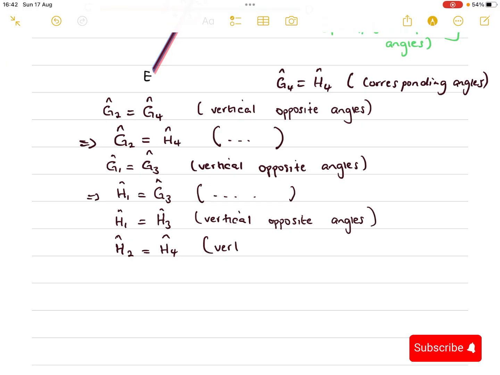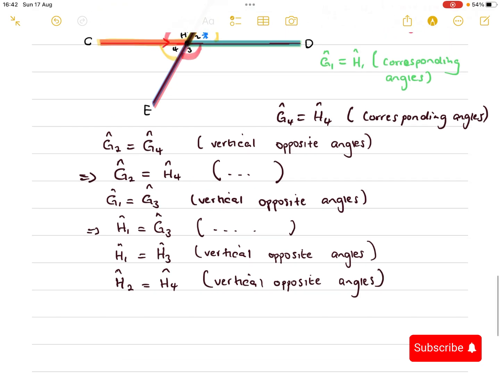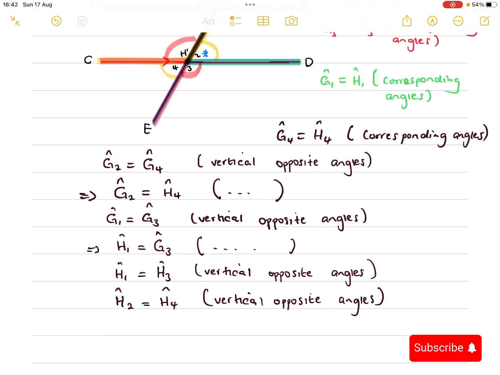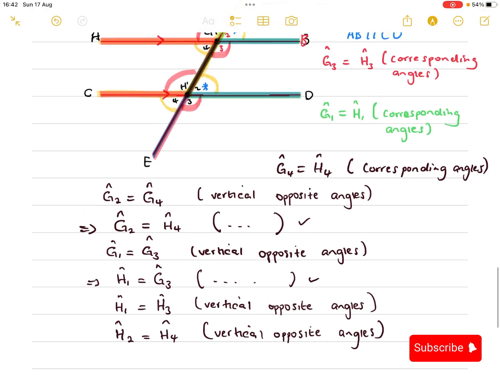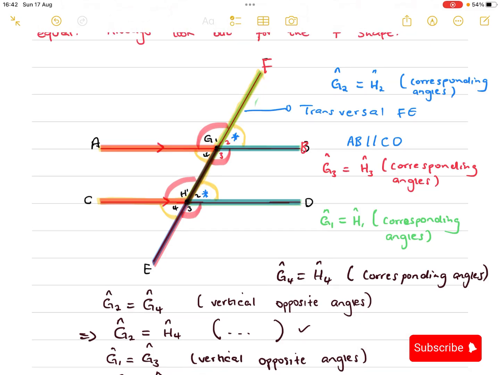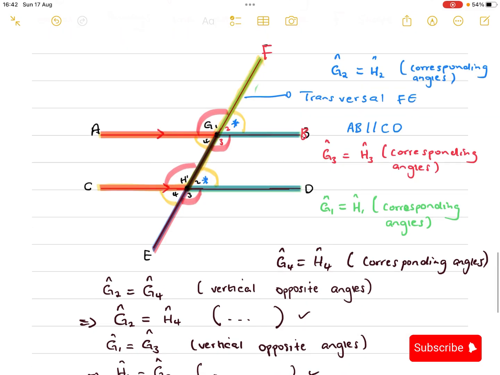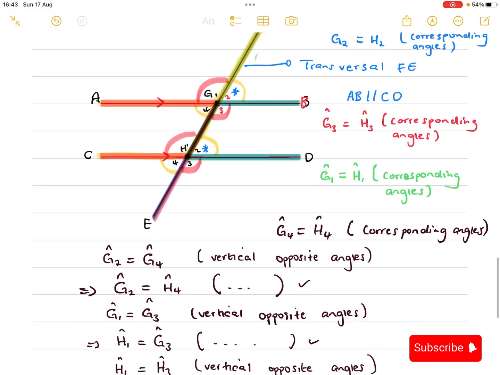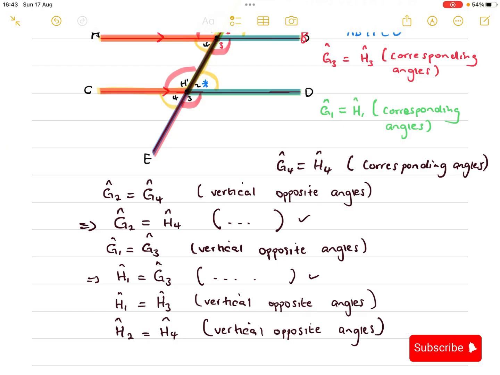By the way, it's also vertical opposite angles. Okay. Now, I just want us to look at the relationship between the two whenever we are given two parallel lines, including the transversal, or which are being intersected by a transversal, of which is the concept of alternate angles.